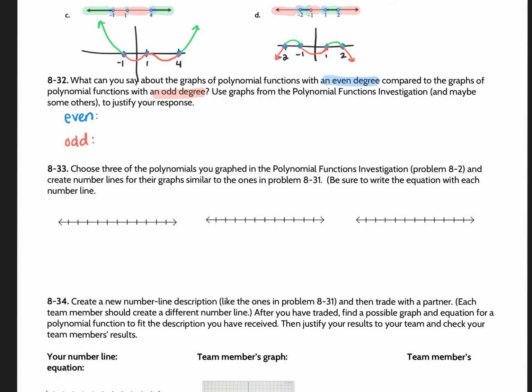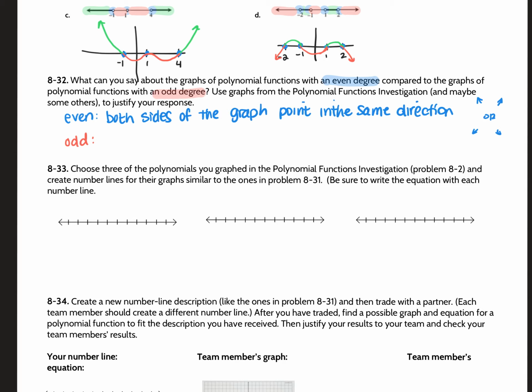So hopefully what you're noticing is that for even degree polynomials, both sides of the graph will point in the same direction, meaning both ends of the graph either point up or down.